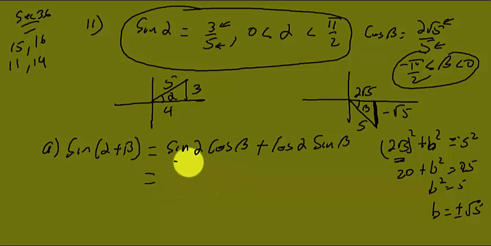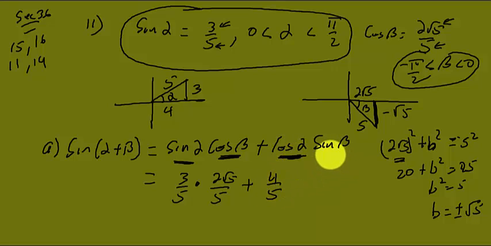You go to alpha triangle, find what sine is. Sine is 3 over 5 times. You go to beta triangle, find cosine. Cosine is 2 rad 5 over 5 plus. You go to alpha triangle, find cosine, which is 4 over 5. You go to beta triangle, find sine, which is negative rad 5 over 5.